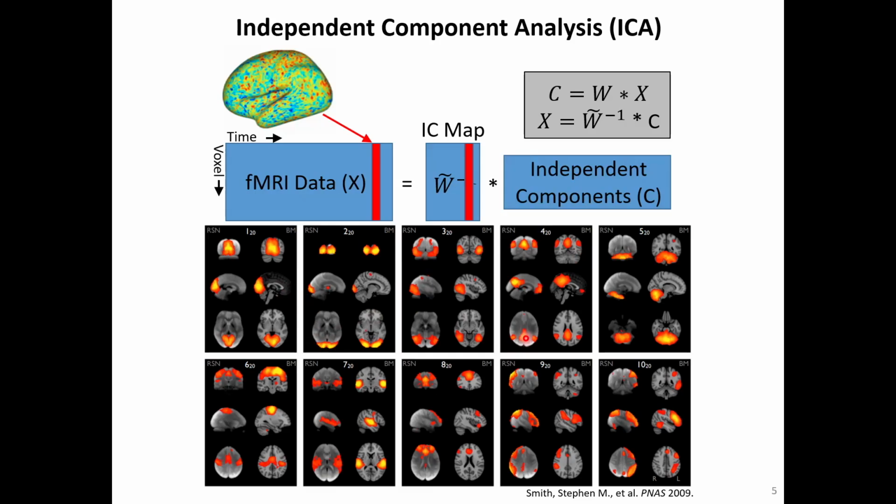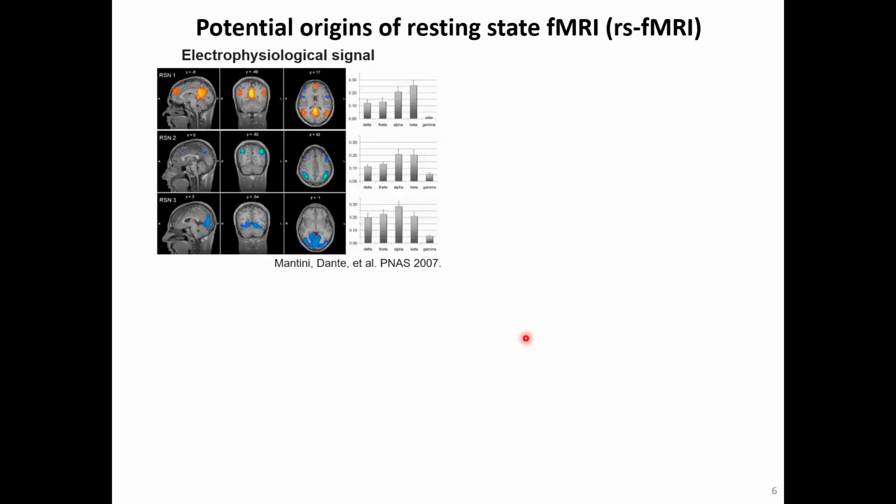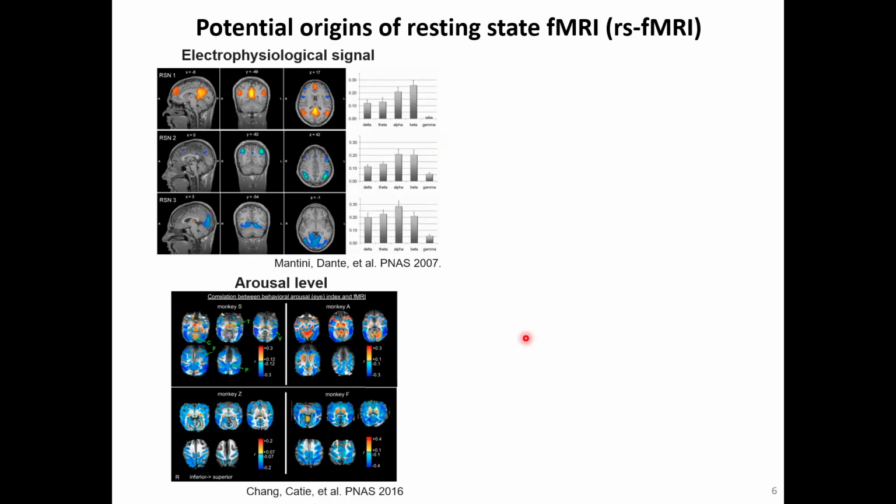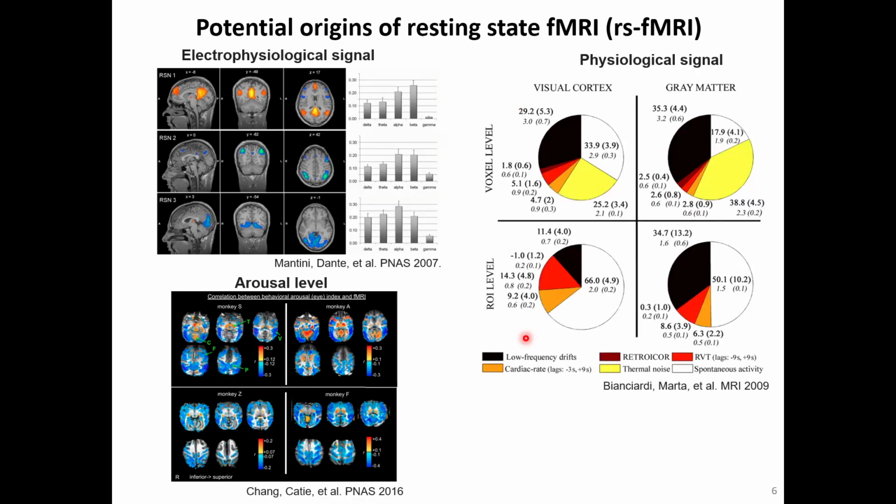But going forward, we know that the source of the fMRI data is not just based on this electrophysiological signal, which is called the brain networks. On top of that, there are arousal levels and physiological signals not related to neuronal activity, for example thermal noise, low frequency drift, cardiac rate, and so on.